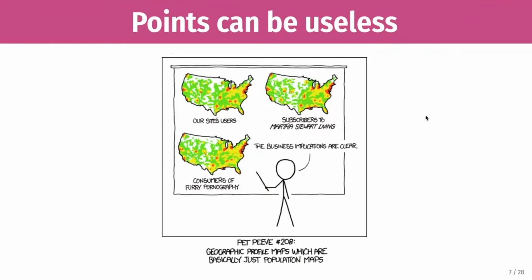We see that even with simple things like if you want to draw a map of all the public schools in Georgia, you'll get a whole bunch of dots, and we'll do this later in the session where we'll actually make a map of all public schools. You'll try to start drawing policy implications from it, but really it's just a population map. Schools appear where people are. And so it looks super official, but all you're seeing is just population density, which isn't necessarily helpful.